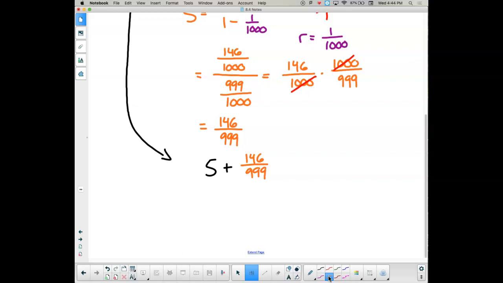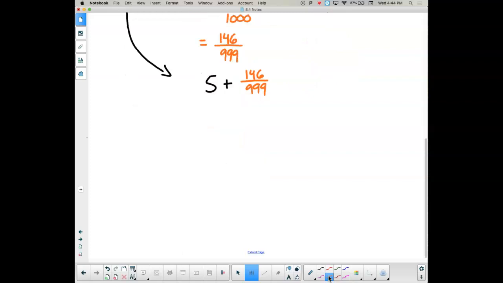So now I got to get common denominators. 999 times 5 is going to be 5, carry the 4, 9, carry the 4, 4,995.